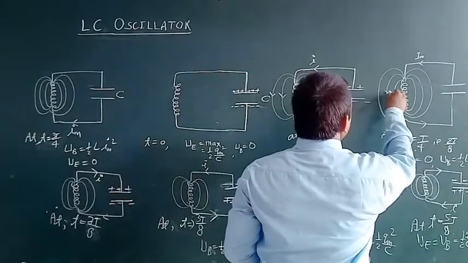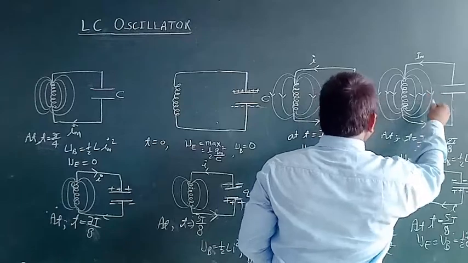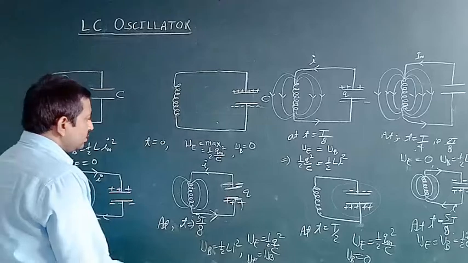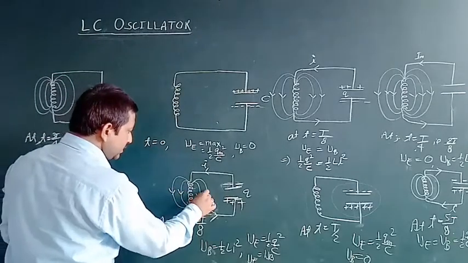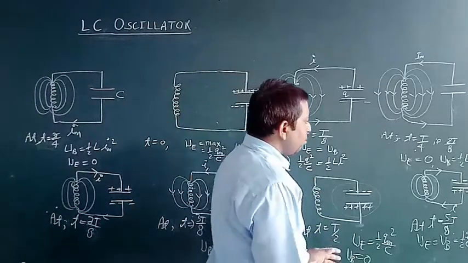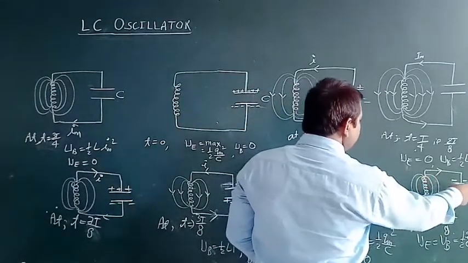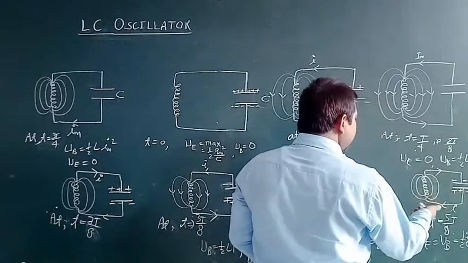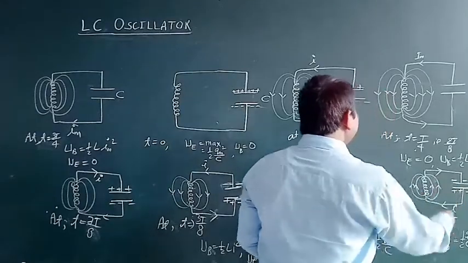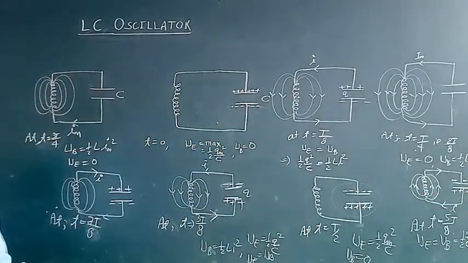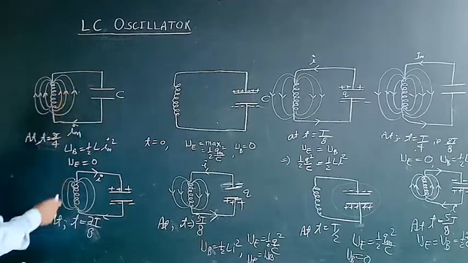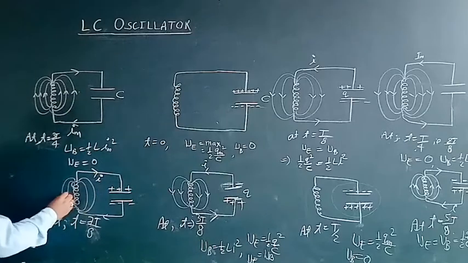When it is leaking, the direction remains the same, but when it disappears and the capacitor again starts discharging, then the direction of the magnetic field across the inductor will be like this, and the direction of current is like this.